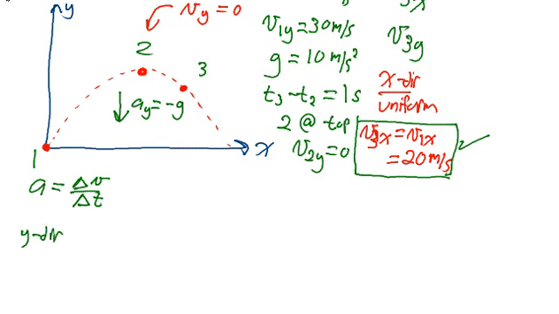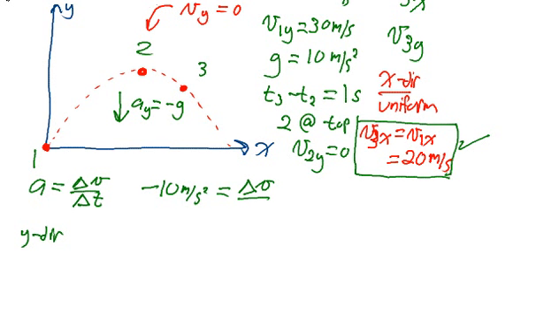So, for example, if we would consider the numbers for this case, that the acceleration is equal to negative 10 meters per second squared, that would be equal to the change in velocity.